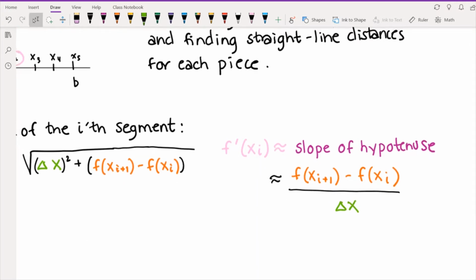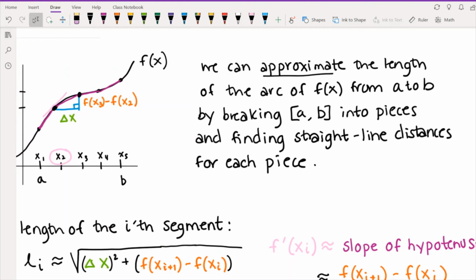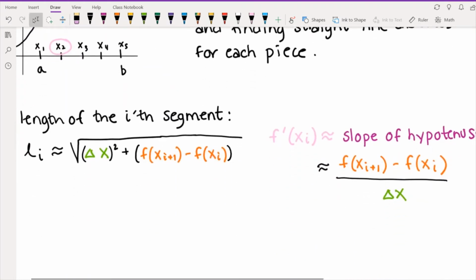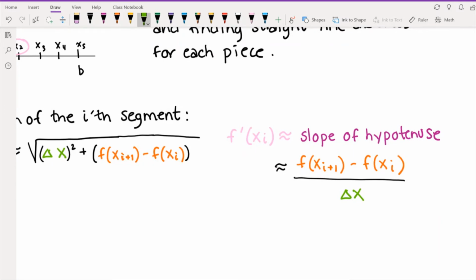Because it's just change in y over change in x. Literally, if you look at this triangle here, change in y is the subtraction of the y coordinates, and delta x is the change in x. So this right here would be the slope of the hypotenuse.